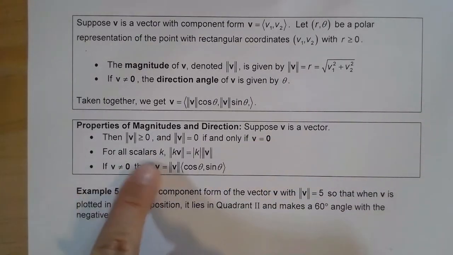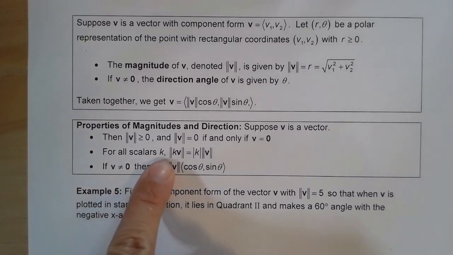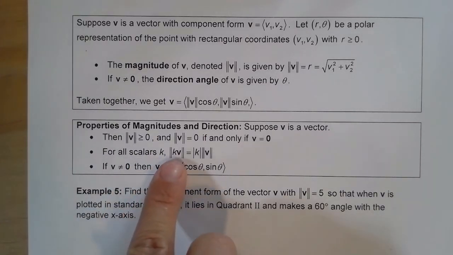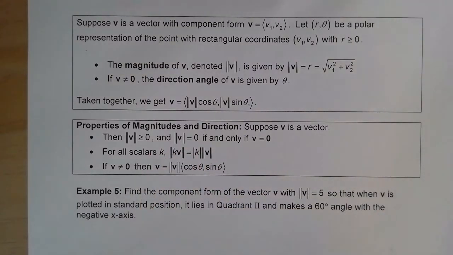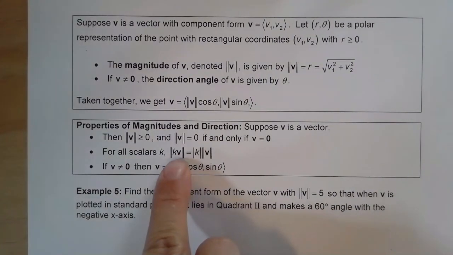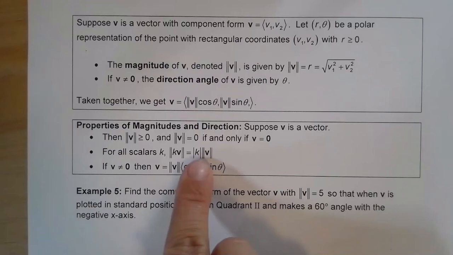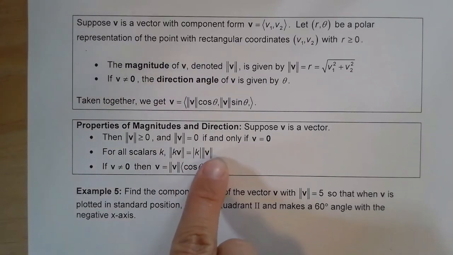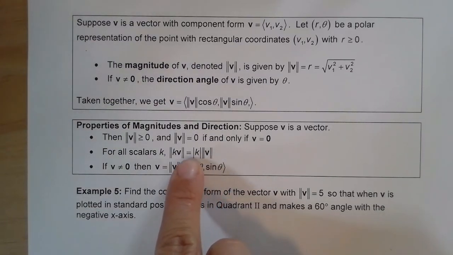Alright, for all scalars k, so k is a constant. Remember, it's a constant, not a vector. If we multiply the vector by k before we take the magnitude, it will be the same as taking the magnitude and then multiplying it by the absolute value of k, right?